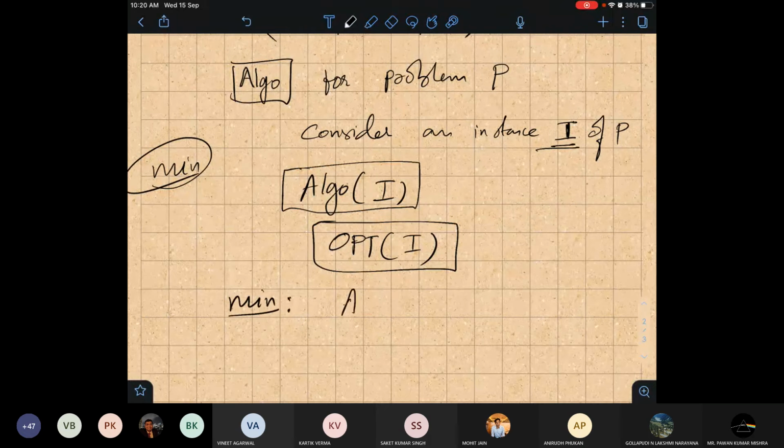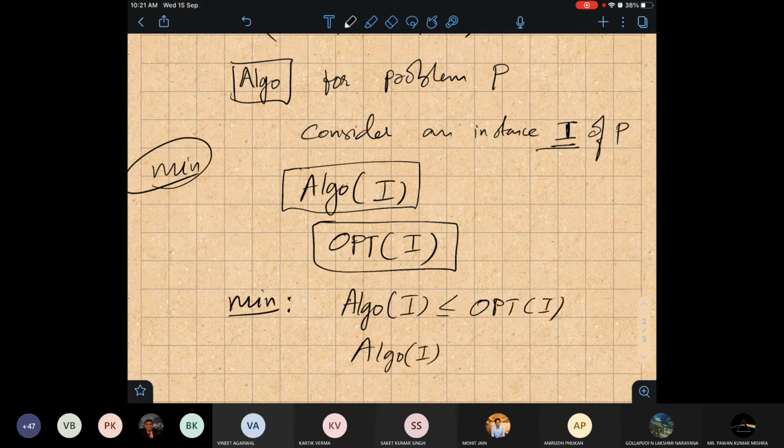Please tell me which inequality is correct. Second one. Second one, why?